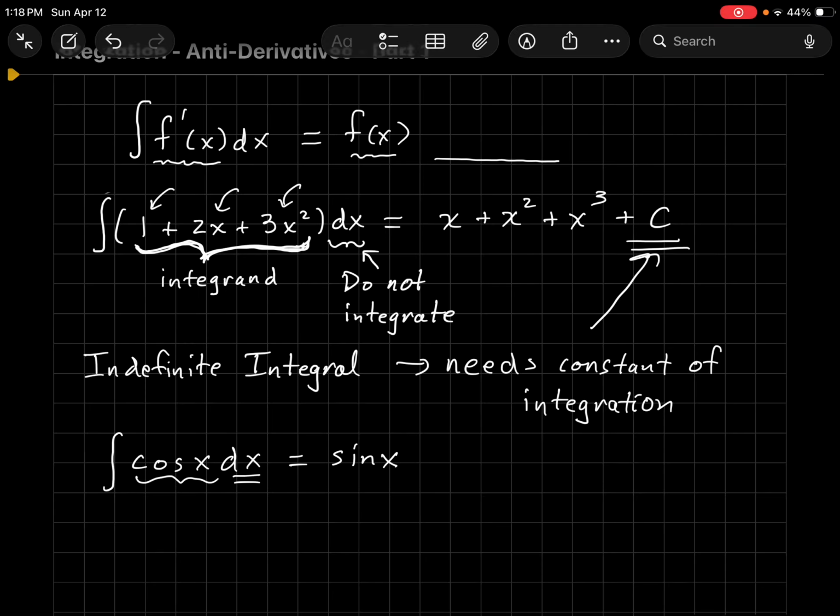Now, is this the only possible answer? Of course not. It could be sine x plus any constant of integration, because the derivative of sine x is cosine x. The derivative of any constant is 0, so I end up with my same starting place when I put the constant of integration. Do not forget to put your constant of integration.